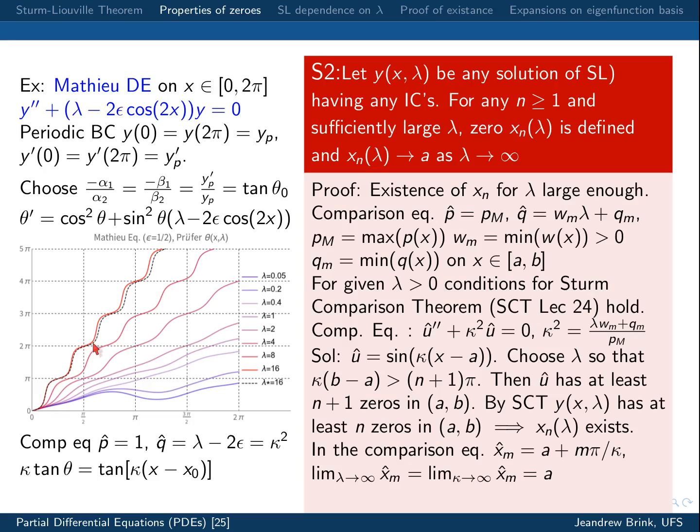As I said, as lambda goes to infinity, the steepness of this graph gets bigger and bigger, and your comparison function, this dotted function, gets steeper and steeper. Because you've boxed the real theta tilde solution in to be left of this comparison function, its zeros are also forced to x equals a. This is true for all m.